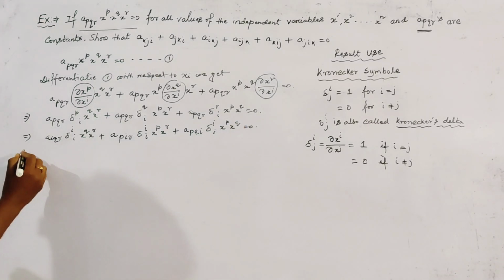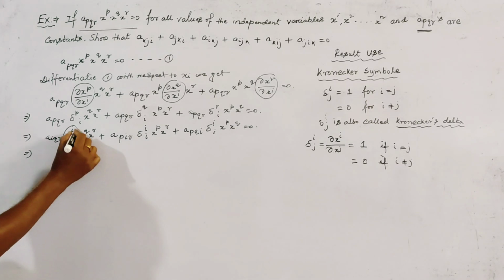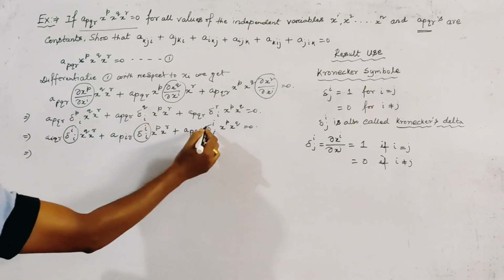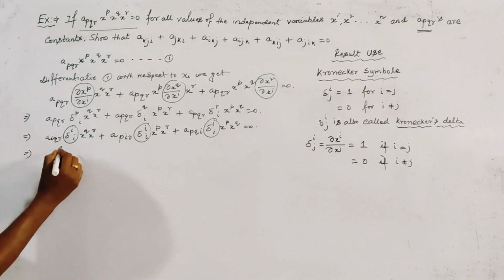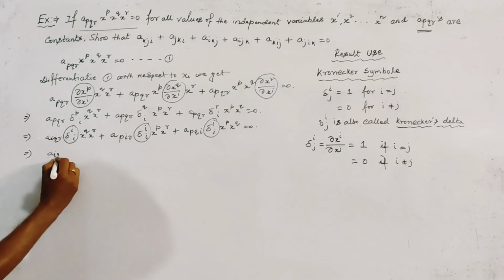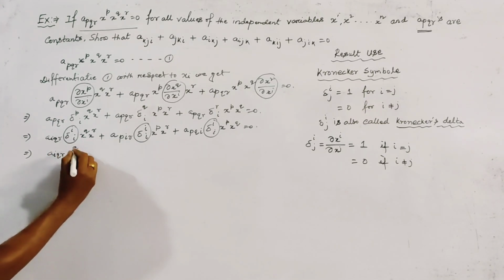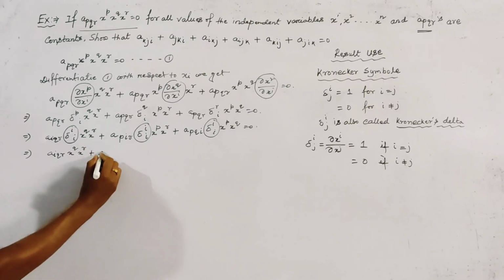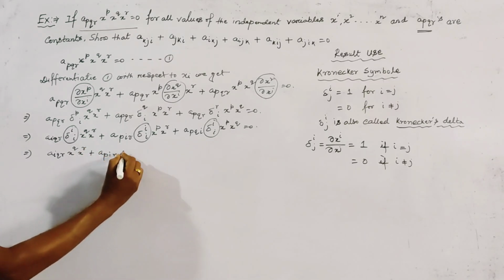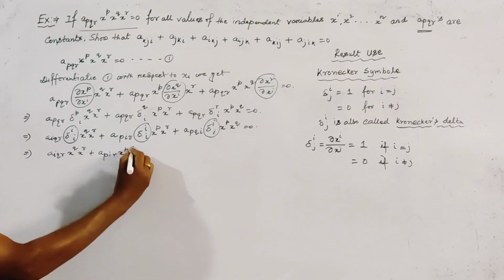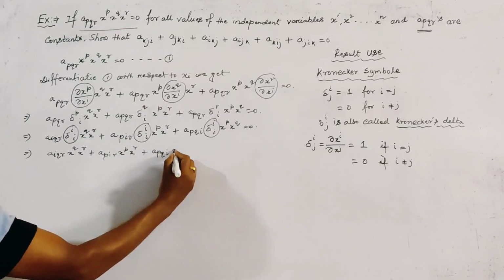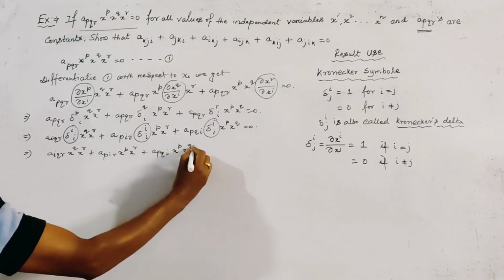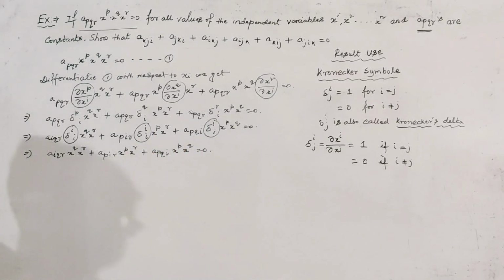Now delta_ii, all of them are 1. So we get the relation a^{IQR} xq xr plus a^{PIR} xp xr plus a^{PQI} xp xq equal to 0.